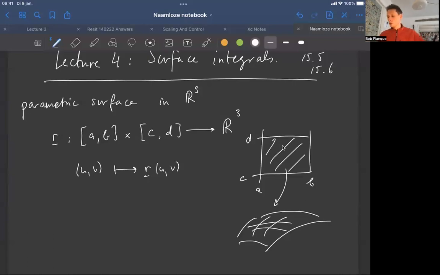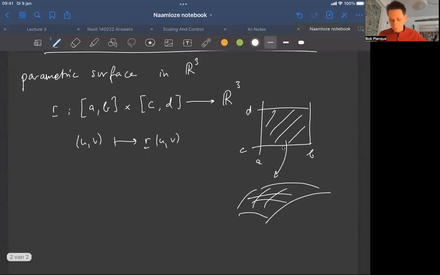And by doing this for all u and v in this square, I parameterize a surface. Since every vector has 3 components in R3, r(u, v) has 3 component parts: x(u, v) i, y(u, v) j, plus z(u, v) k.